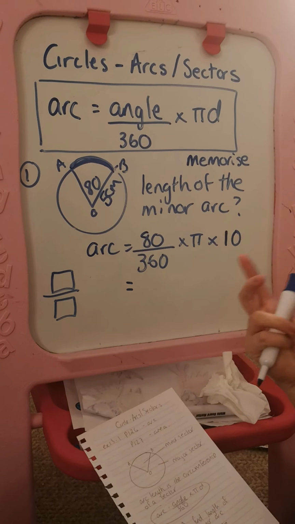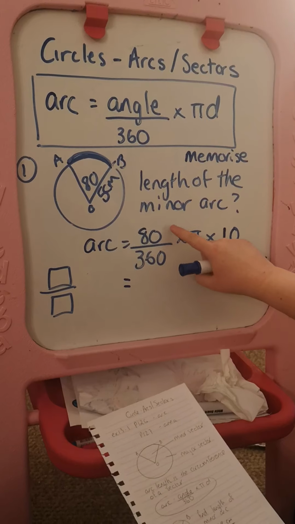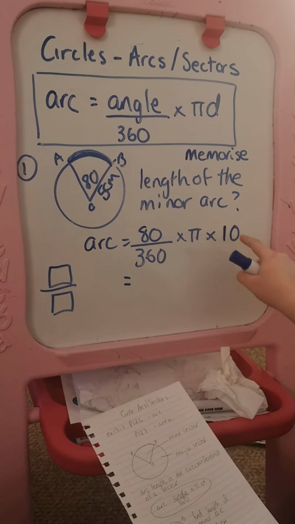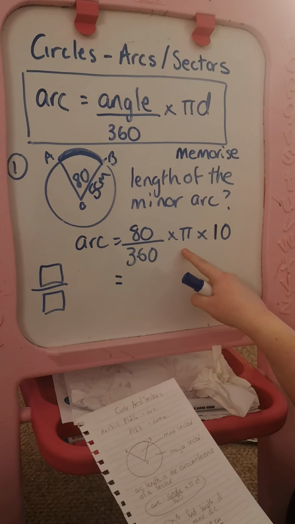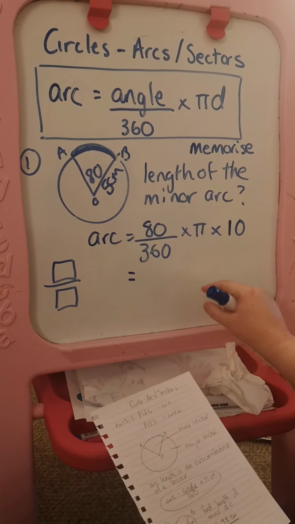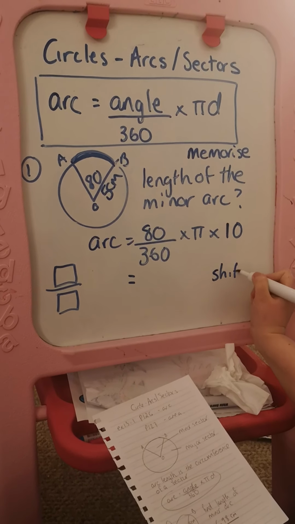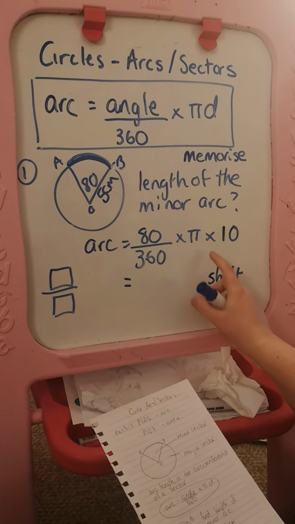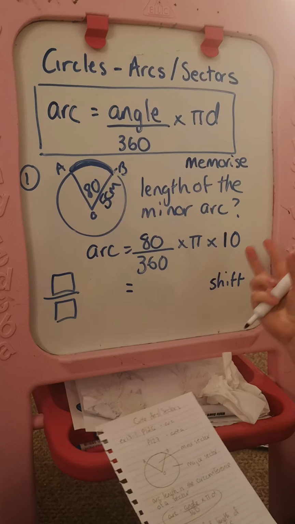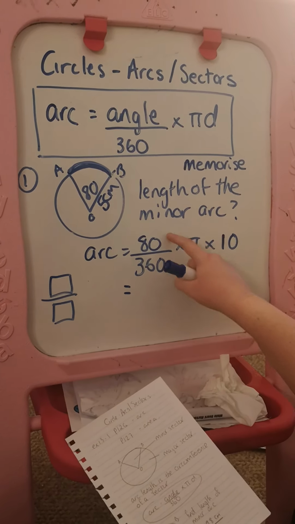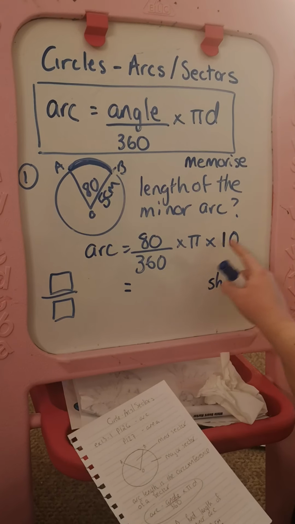Or the way I put it in for quickness is I just type in 80 divided by 360 times pi times 10. To access your pi button, it is on the very bottom row and you'll have to press shift to get to it. I can't remember exactly what it's above. If you're using your phone, there should be a pi button when you turn your phone horizontal. So we're typing in 80 divided by 360 times pi times 10.